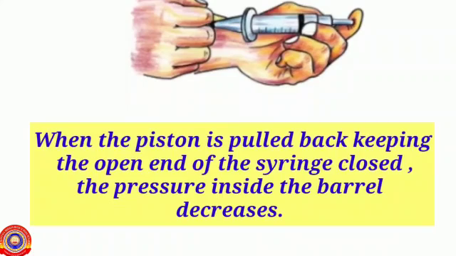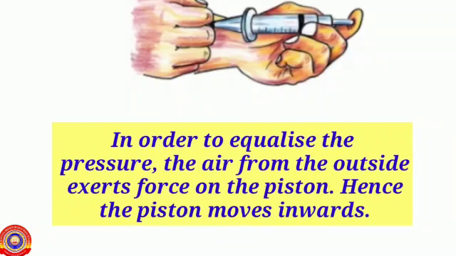Yes, when the piston is pulled back, keeping the open end of the syringe closed, the pressure inside the barrel decreases. In order to equalize the pressure, the air from the outside exerts force on the piston. Hence, the piston moves inwards.